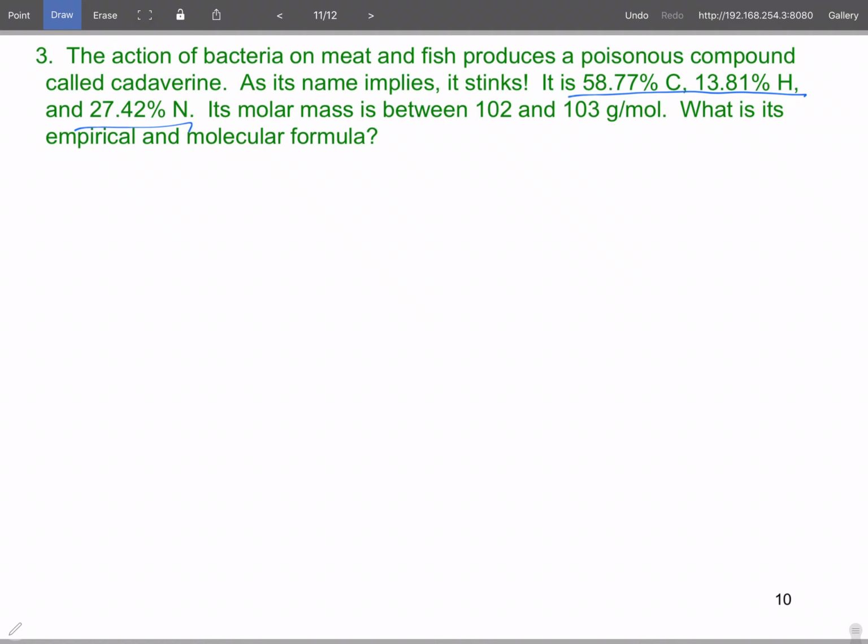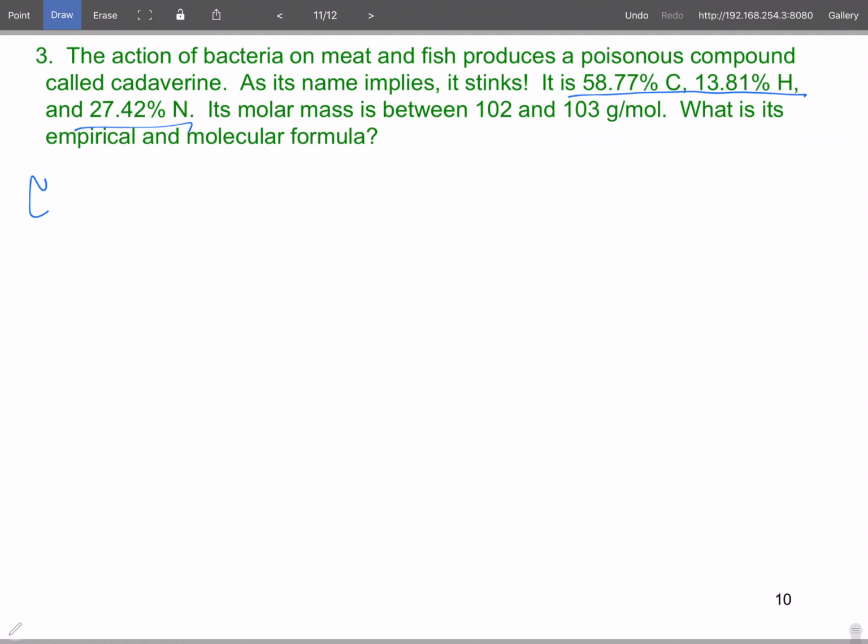Now, some people like to start with the molar mass and work backwards. I don't recommend that because when it says between 102 and 103, it could be 102.1 or 102.99. Bottom line is we don't know where it is, and it doesn't seem like 1 AMU is a big deal. It can be. So you need to be very careful.